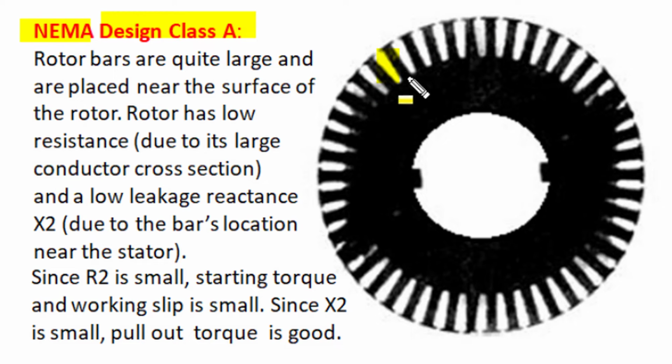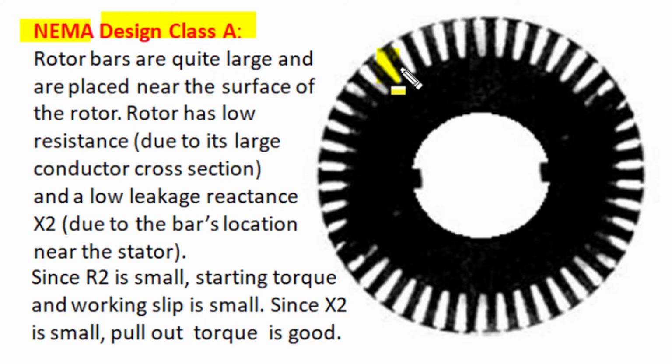Due to smaller depth, the rotor conductor has a smaller amount of leakage flux and leakage reactance, and since the rotor has a high cross section area available for rotor bars, it has a smaller per phase rotor resistance. So these rotors are designed with small values of both per phase rotor resistance and per phase rotor leakage reactance.